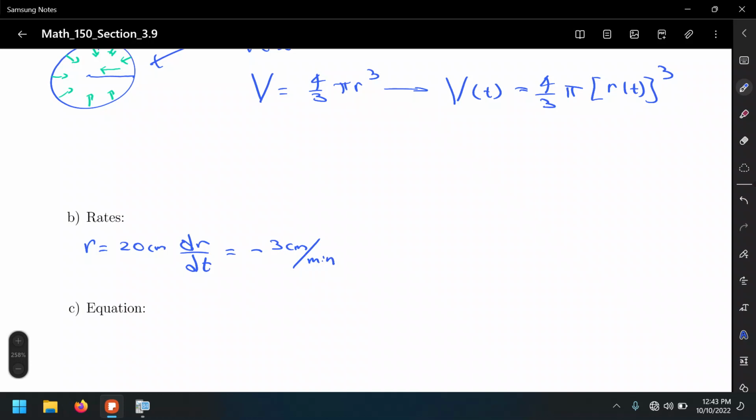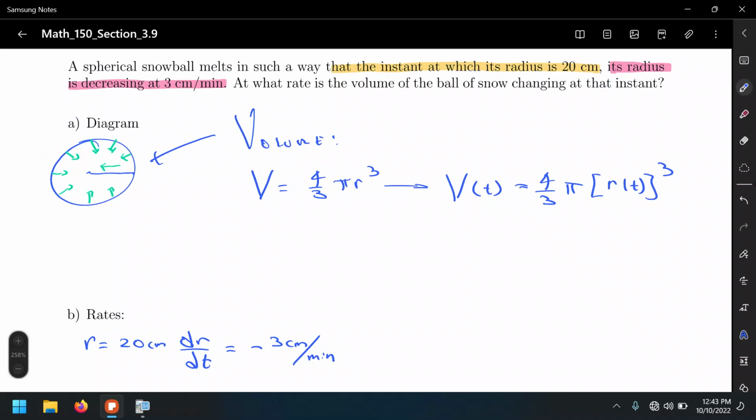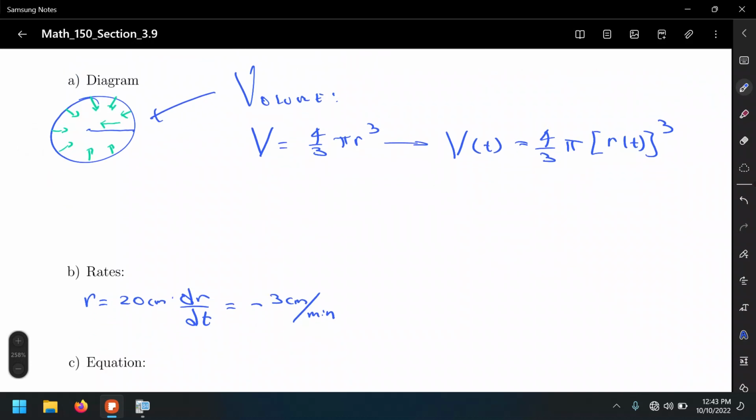In some cases, they're not going to tell you negative or positive. No, in this case we need to use the context of the problem, because the radius is decreasing. That is, that rate of change has to be negative because it's reducing. So that's the radius, and the change in the volume with respect to t is the unknown one. That's the one that we have to figure out.